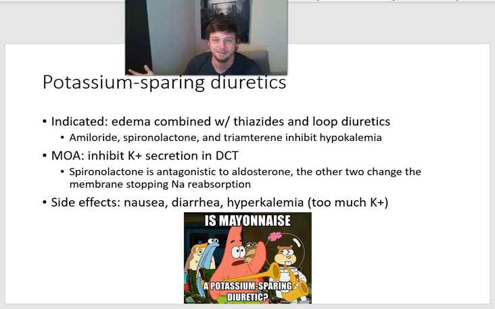This is antagonistic to it, and so it stops it from working on that distal convoluted tubule, while the other two just stop sodium from being reabsorbed in that location. So the way it gets reabsorbed is with the exchange of that potassium. If you're not allowing that sodium coming in, you're not going to also allow that potassium to go out. Side effects: nausea, diarrhea, hyperkalemia. So this one is too much potassium.